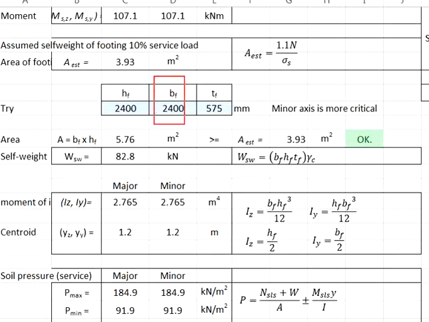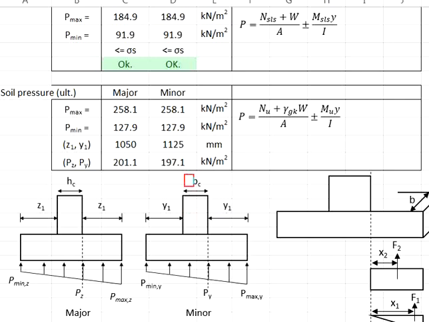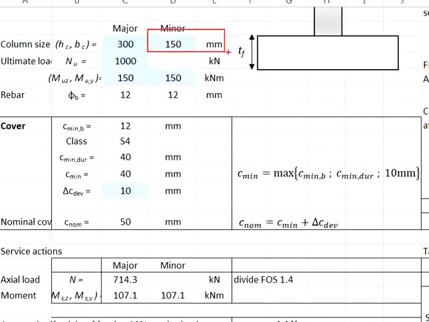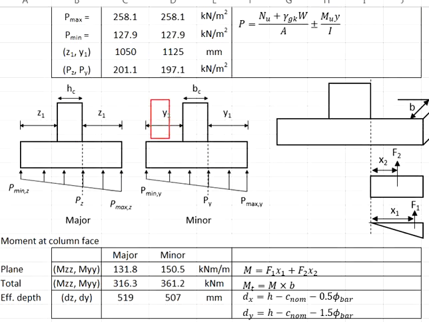Take the width of the pad footing in the minor axis, which is 2.4 meters, minus the width of the column, which is 150 mm, divided by 2. Due to the smaller width of the column in the minor axis as compared to the major axis, your Y1 will be slightly larger than your Z1.